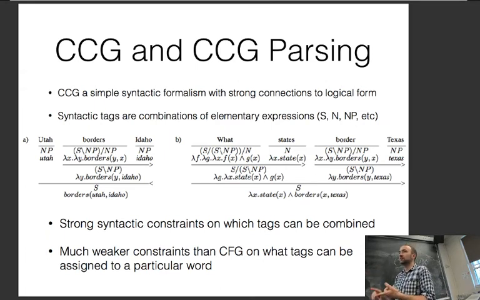For example, if it's a transitive verb or a bitransitive verb, it could take a subject and an object, or it could take a subject and two objects. So it could have two different tags there. In reality, you have actually many, many more tags if you add a preposition or a prepositional phrase or something like that.